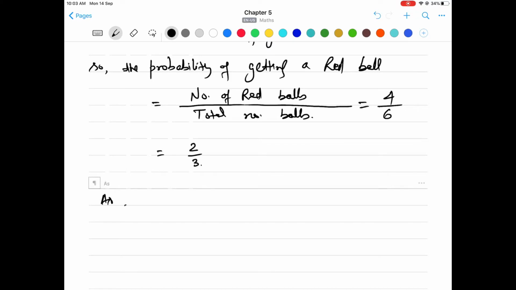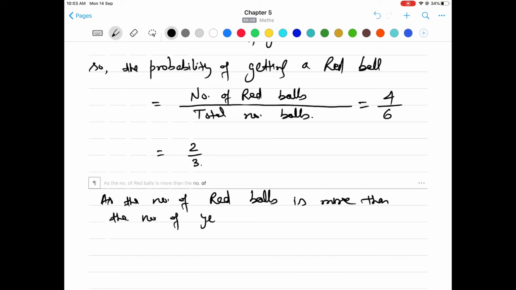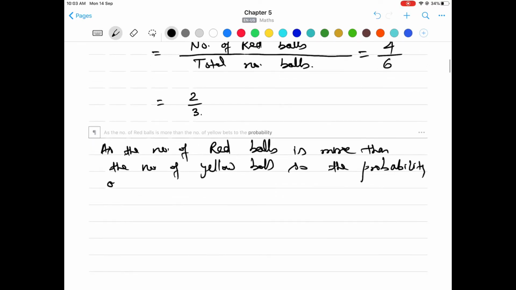So I'll write, as the number of red balls is more than the number of yellow balls, so the probability of getting a red ball is more.